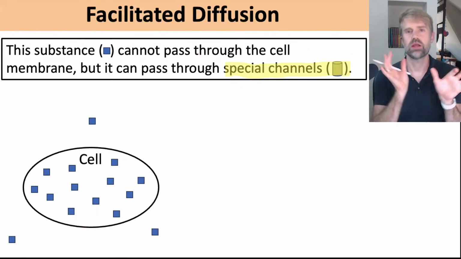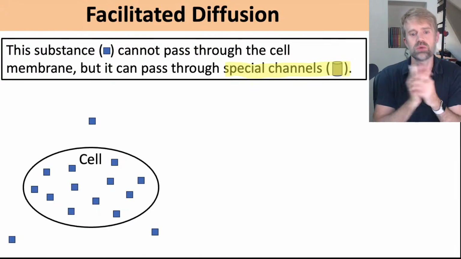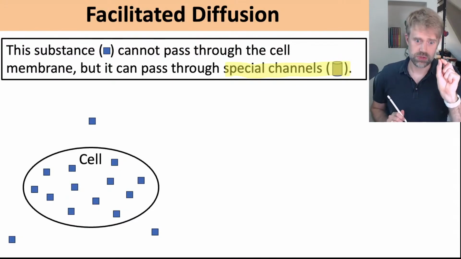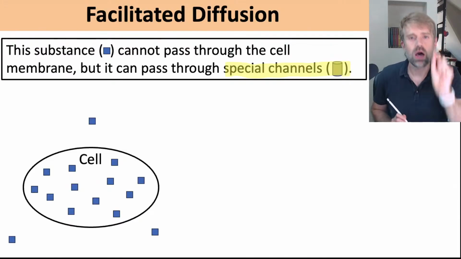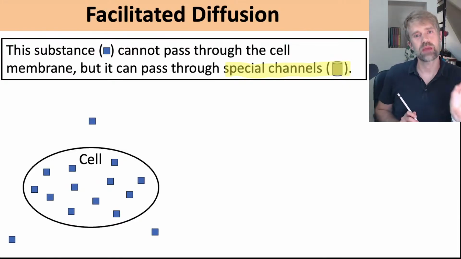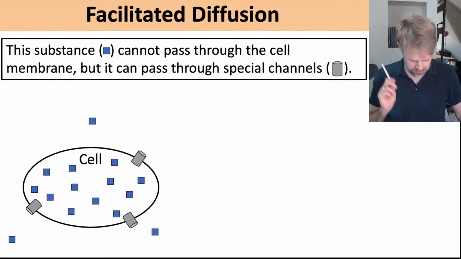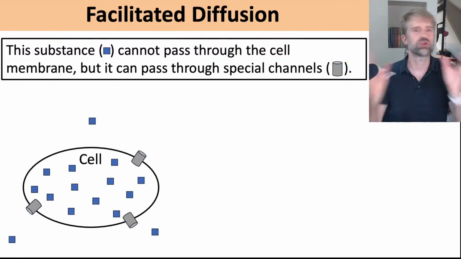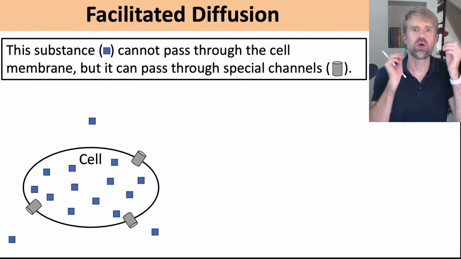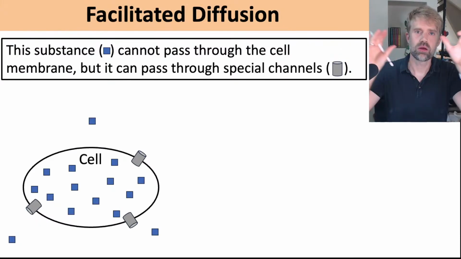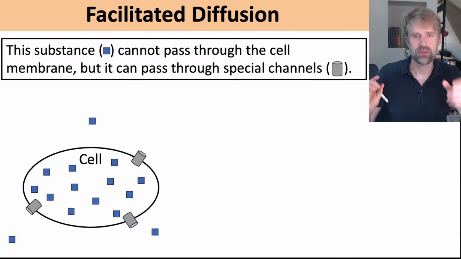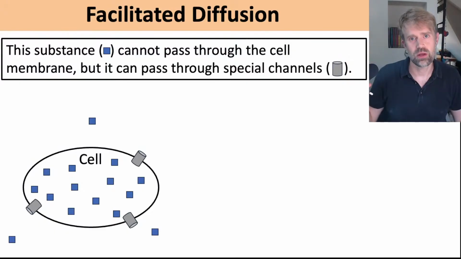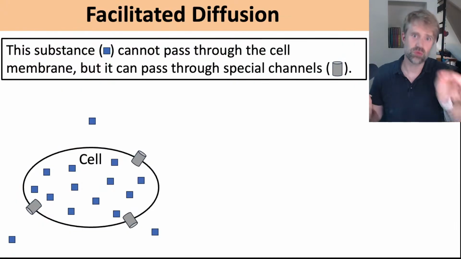And often in the membrane of a cell, we will see little channels or little tunnels, and things can pass through them. Okay, so take a look at this. Boom, I added some in. So now we have this situation where we have blue squares. They can't normally pass through the cell membrane, but they can move through these tunnels.